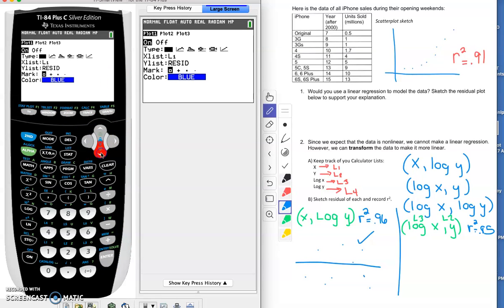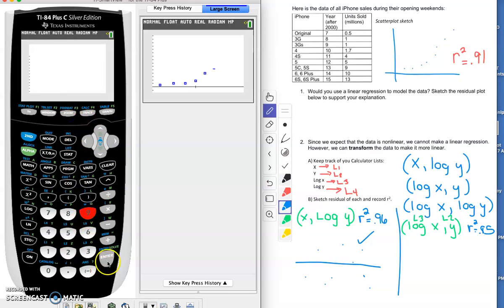So L3 versus L2. Zoom 9. I'm still seeing a curve here, okay? But I did tell you to sketch the residuals, so stat plot again. Is that not working?